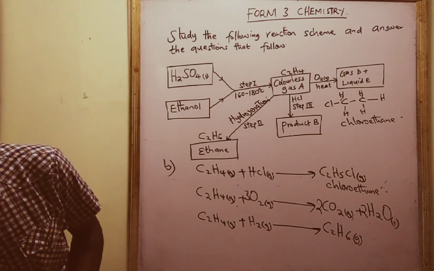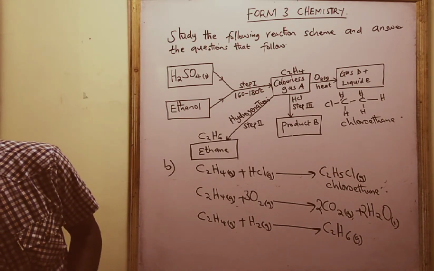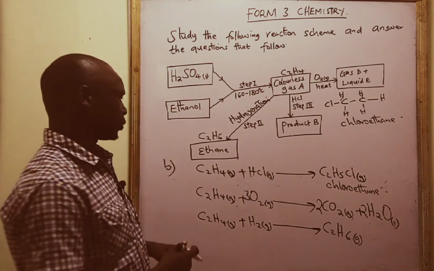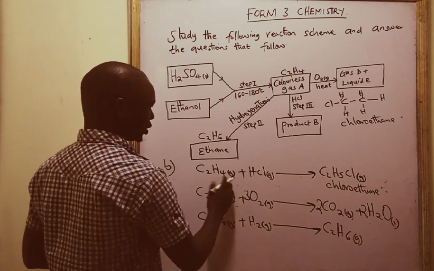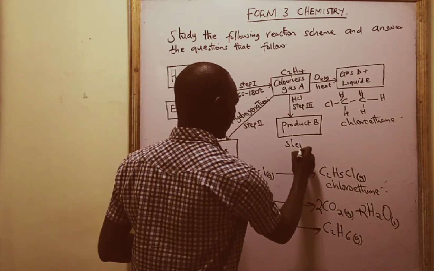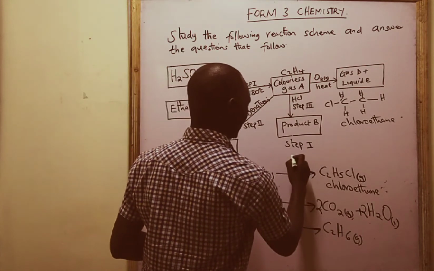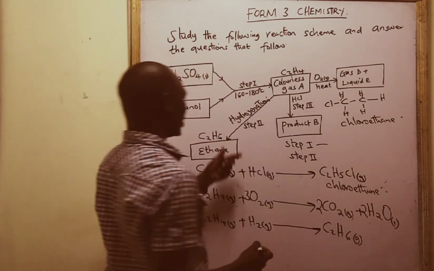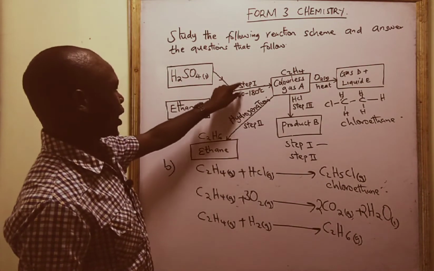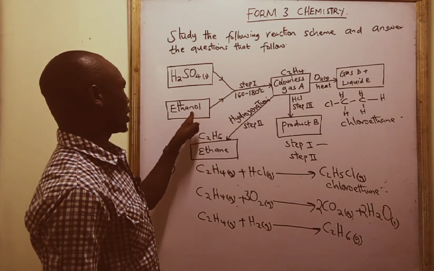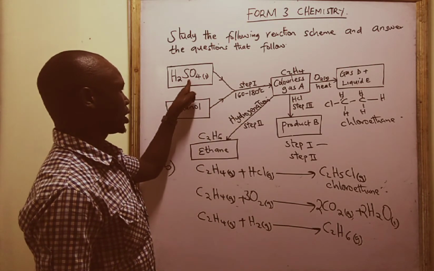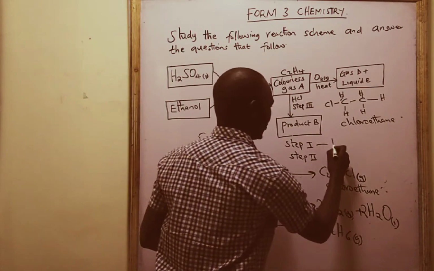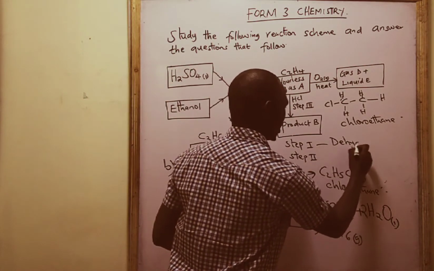Part C of the question: name the type of reactions taking place in step 1 and step 2. So step 1 is where we are dehydrating ethanol using concentrated sulfuric acid to form ethene gas, and the process here is dehydration.